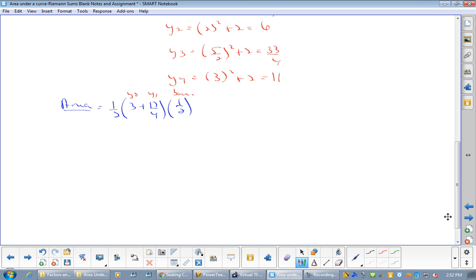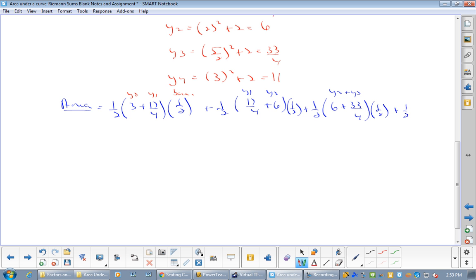Plus 1/2 times 17 over 4 plus 6, that is y1 and y2. Plus 1/2 times 6 plus 33 over 4, that is y2 plus y3, all times the base 1/2.